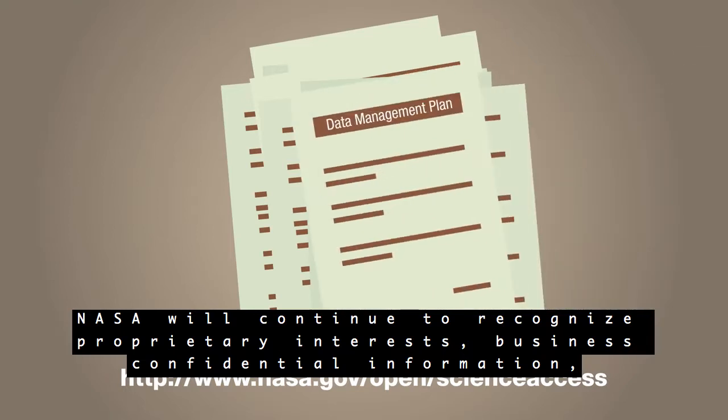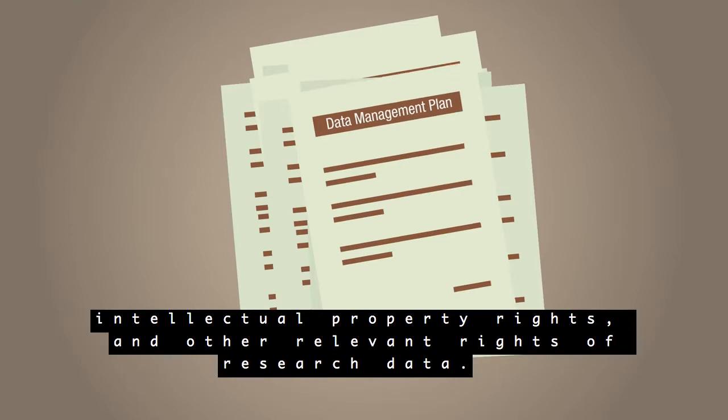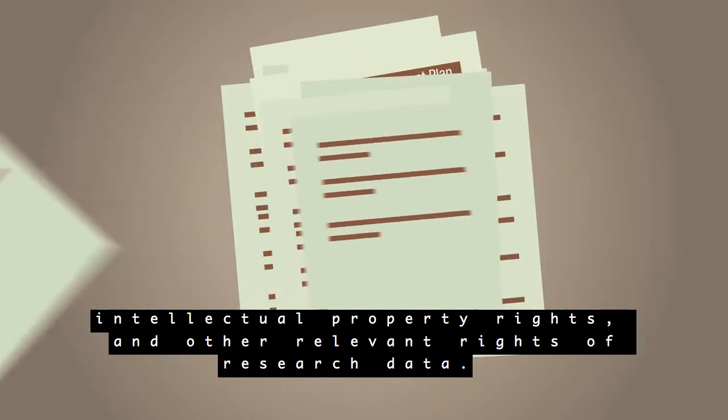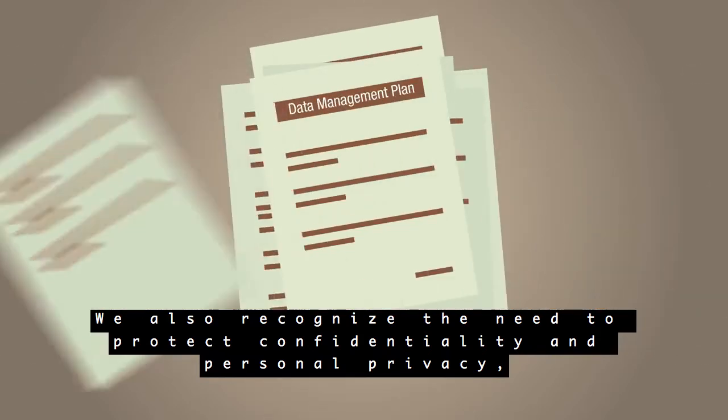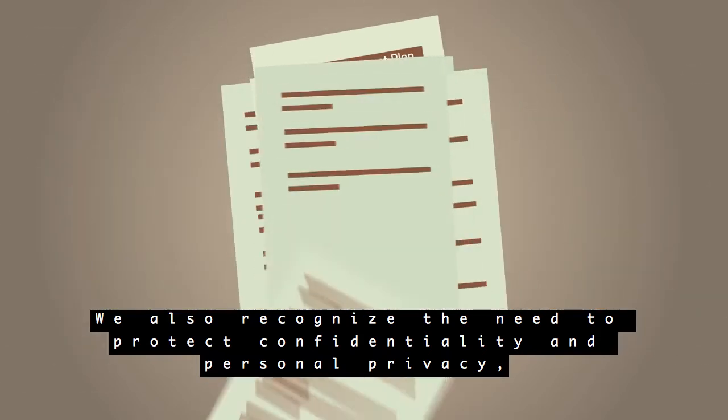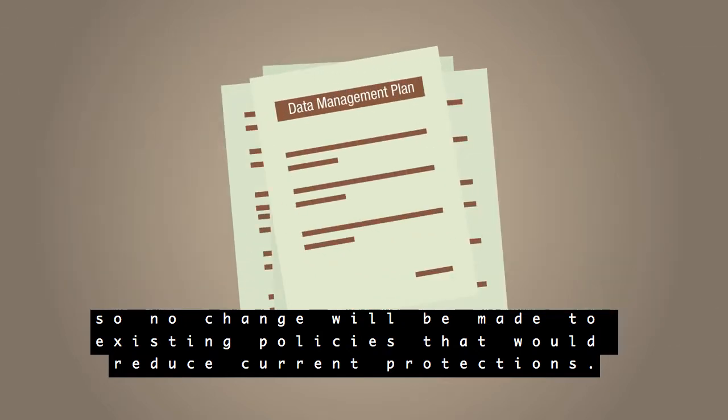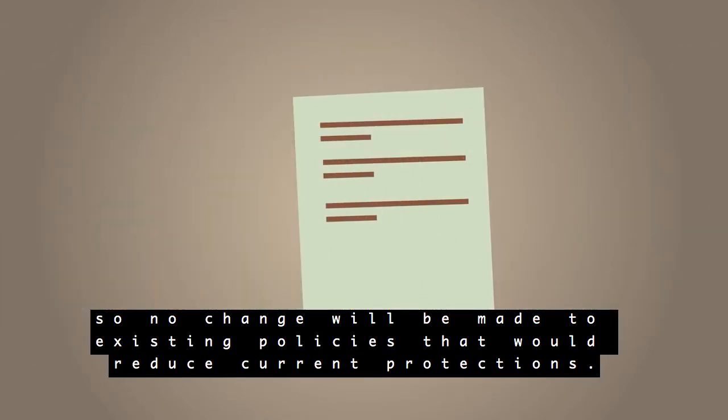NASA will continue to recognize proprietary interests, business confidential information, intellectual property rights, and other relevant rights of research data. We also recognize the need to protect confidentiality and personal privacy, so no change will be made to existing policies that would reduce current protections.